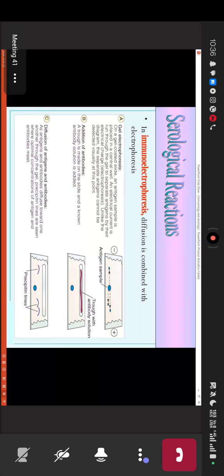This is your antibody solution, right? And this is your antigen sample. Antigen and antibody start moving towards each other, and at the zone of equivalence, just a second. Yes.